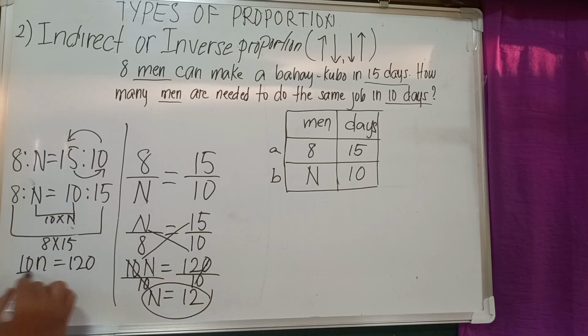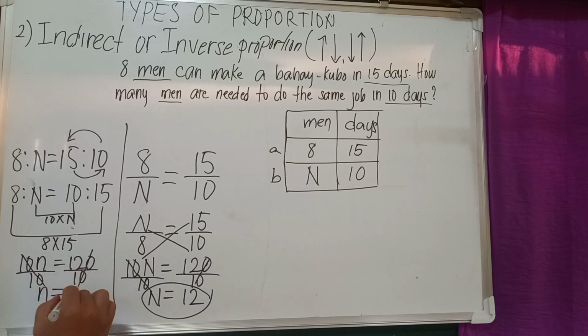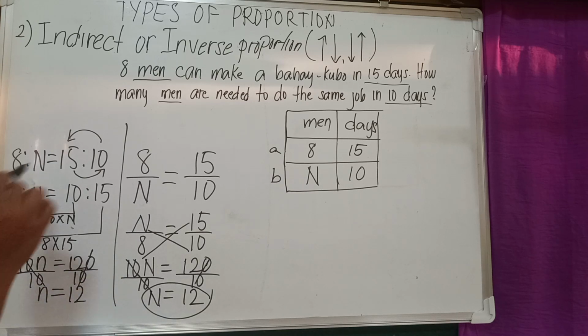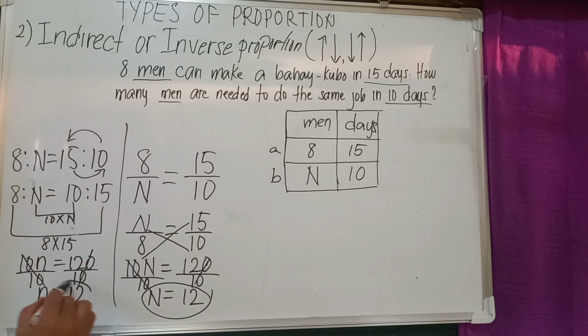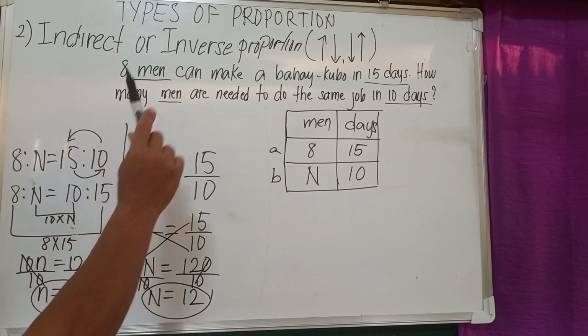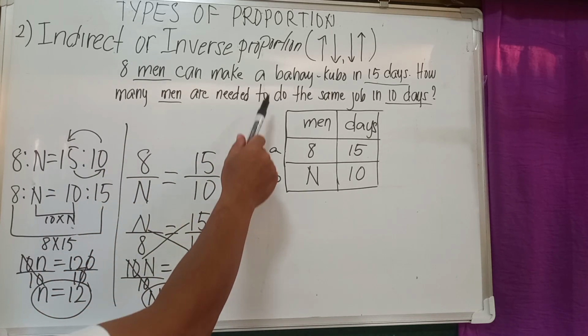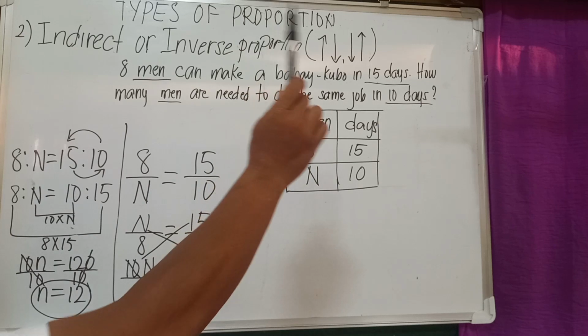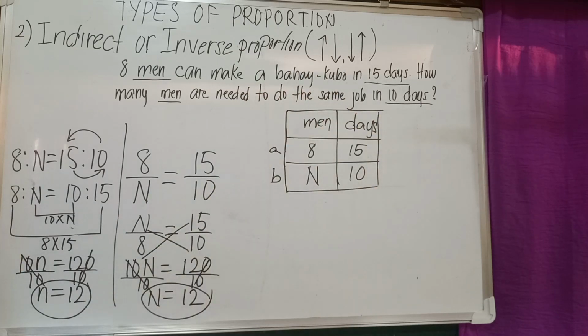Divide both sides by 10. Okay, cancel tayo. So, what is left is n equals 120 divided by 10, that is 12. So, dito sa colon form na ginamit natin, kailangan ng 12 men para makagawa ng isang bahay kubo sa loob ng 10 days.